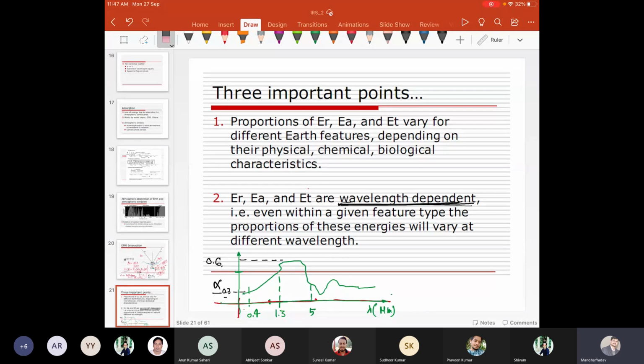Let's say at the satellite we have two sensors, sensor 1 and sensor 2. Let's say sensor 1 is designed at 0.5 micrometer, while sensor 2, that is S2, is designed at, let's say, 1.5 micrometer.